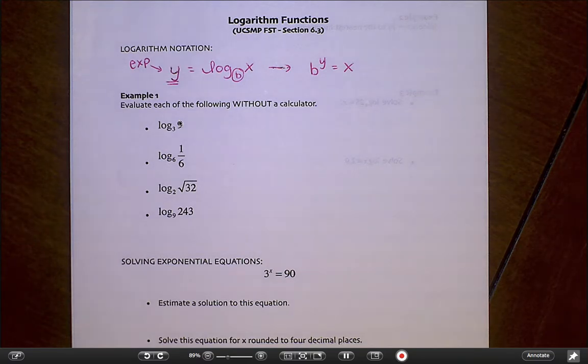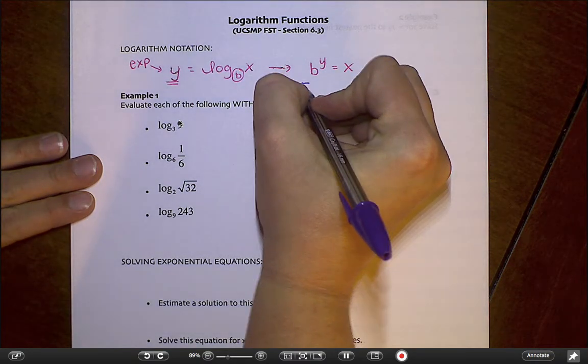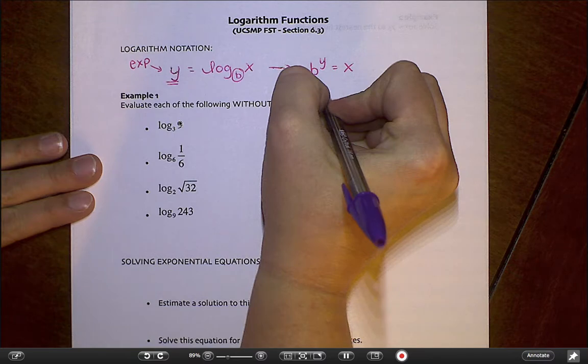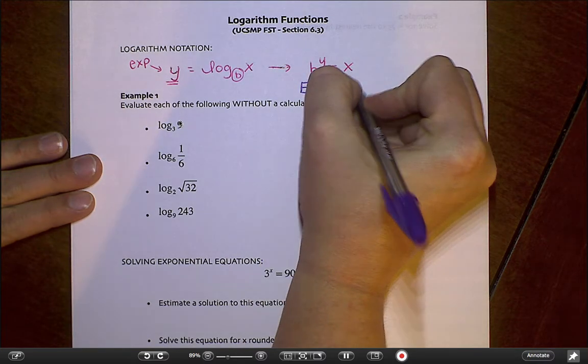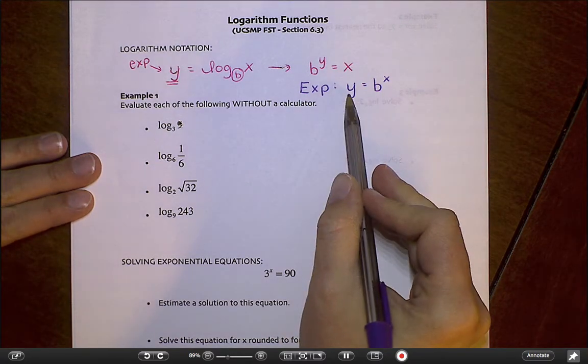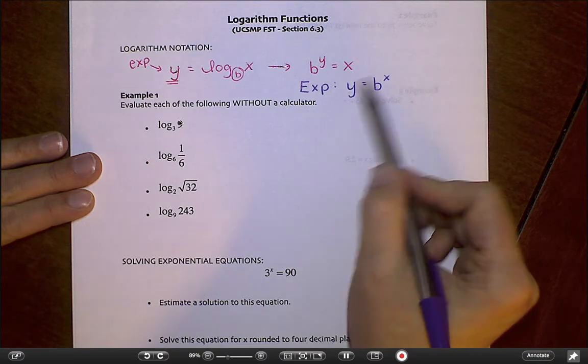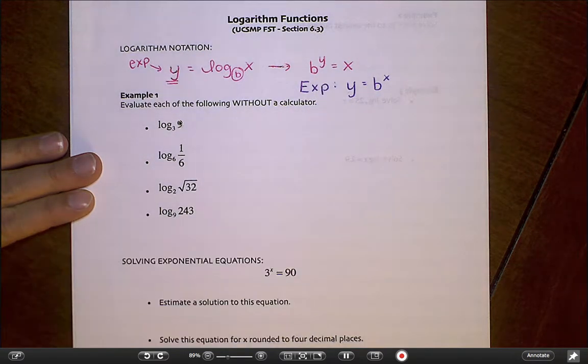Now, I want to point something out that you may remember and you may not. When we talked about exponential functions, they look like this: y equals b to the power of x. So if you compare this to this, you should see that the x's and y's have kind of flipped positions.